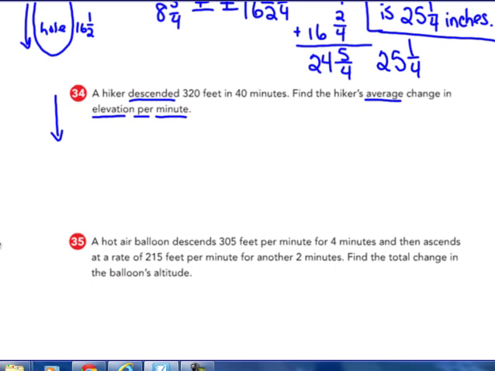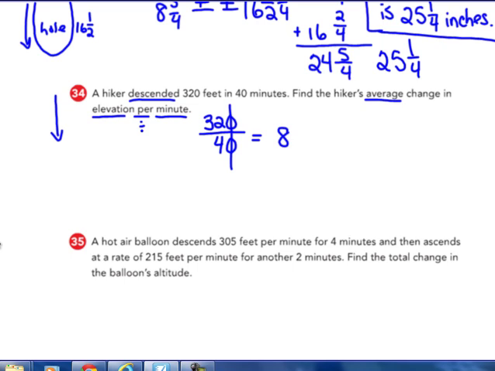That's what it's asking me. So I'm going to take my 320 and divide, because per means divide, minute by my minutes. Well, this is an easy question because they both end in 0. I just divided both by 10. So 32 divided by 4, that's 8. So he's descending 8 feet per minute.